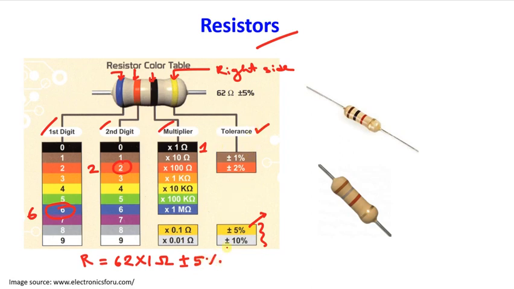So we can also write it as 62 ohm plus or minus 5%, right?